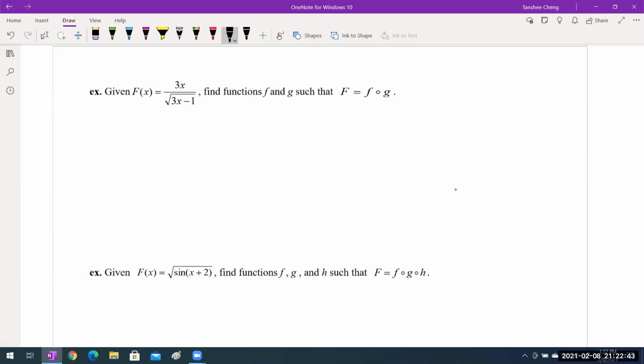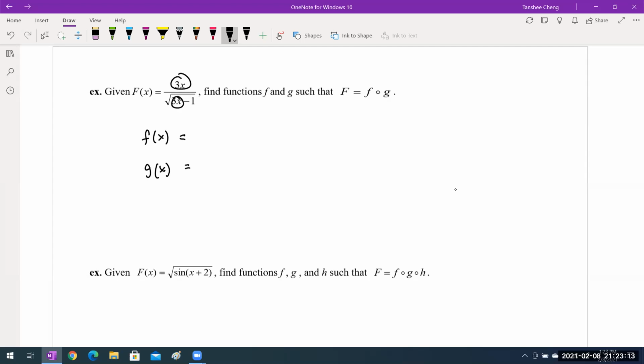Example: f of x is equal to 3x over square root of 3x minus 1. And we want to write this function as a composition of f and g. So what is my outer function f of x and what is my inner function g of x? From here, I can see that 3x is another function.